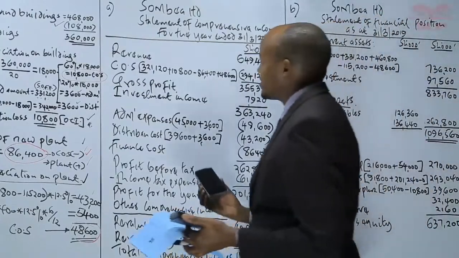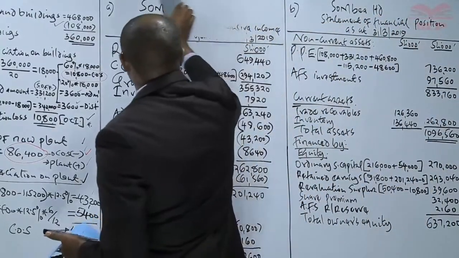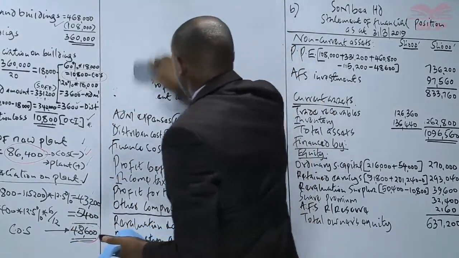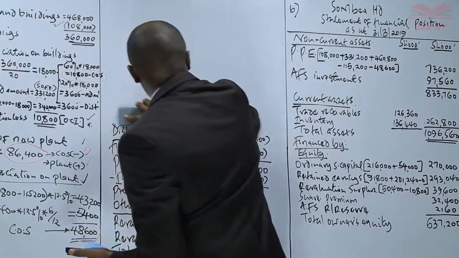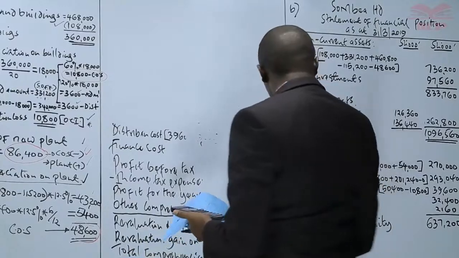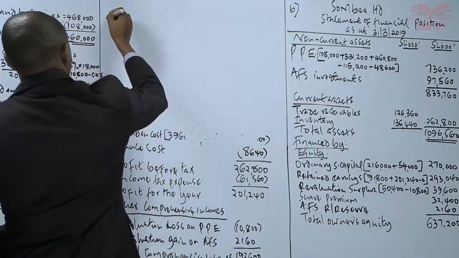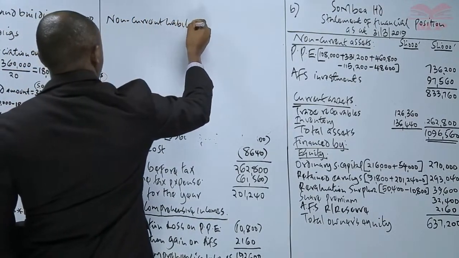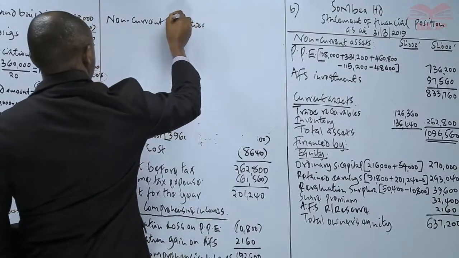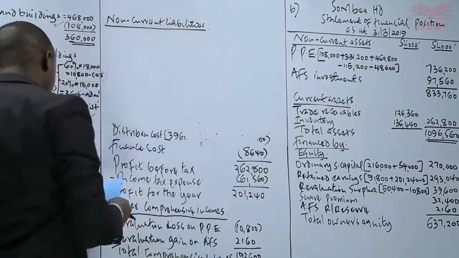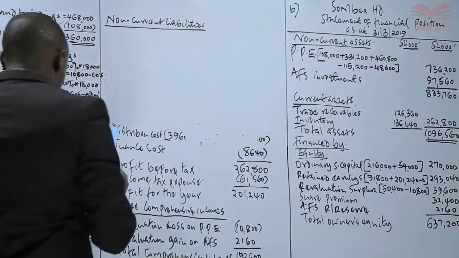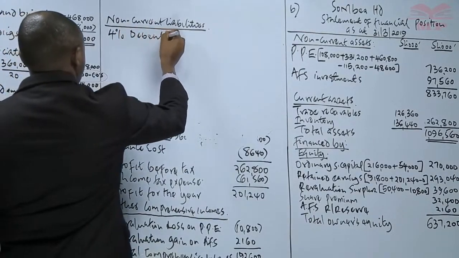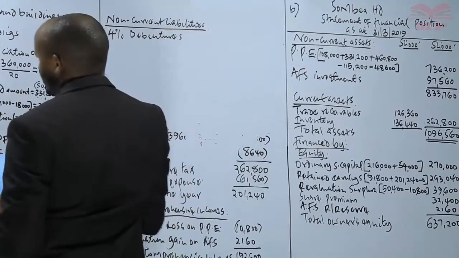So I think we can have our liabilities here. For liabilities, we start with the non-current liabilities. First of all, we have the 4% debentures. We also have to remember what we did in working one.